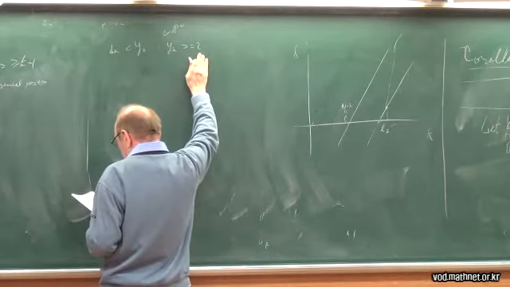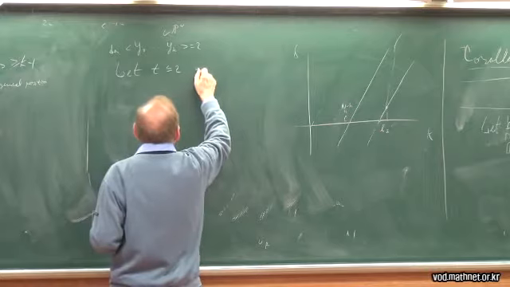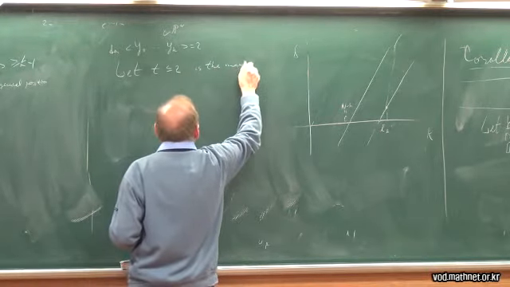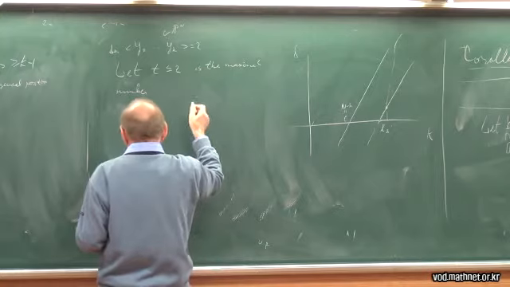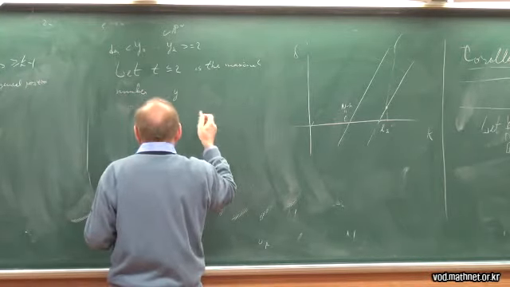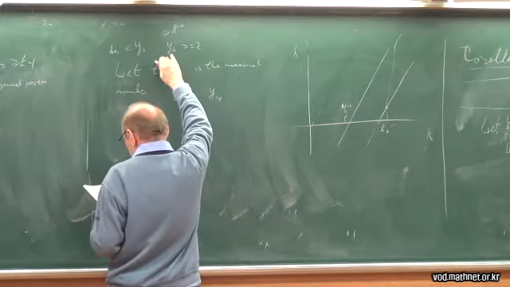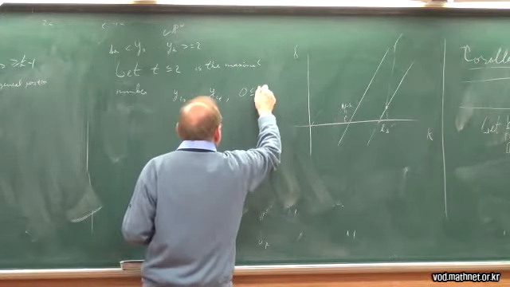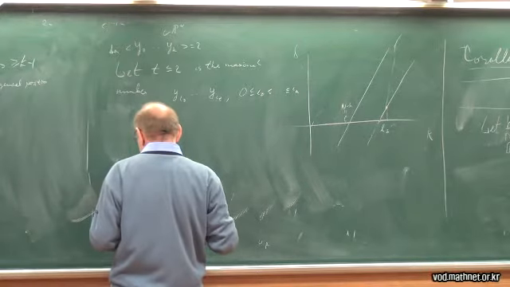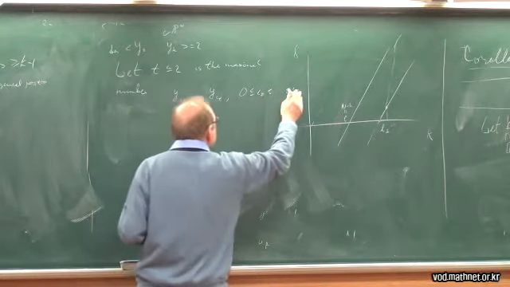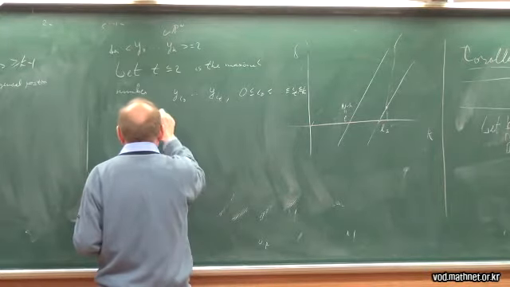Here we have r, but also we introduce another invariant t, which doesn't exceed r, is the maximal number such that an arbitrary subcollection of t plus 1 points out of these k plus 1 points are in general position.